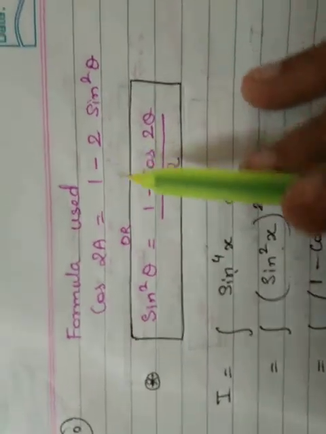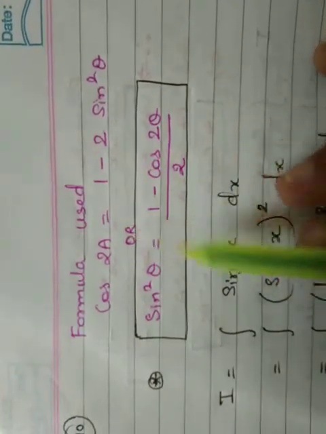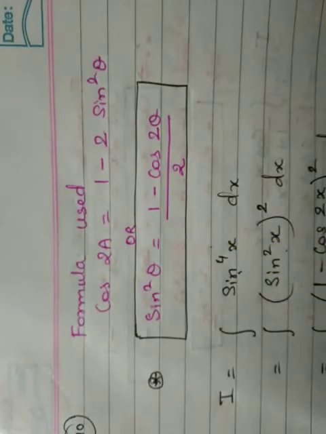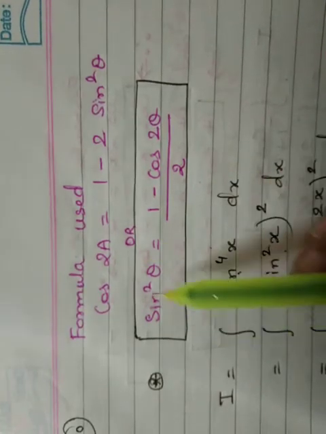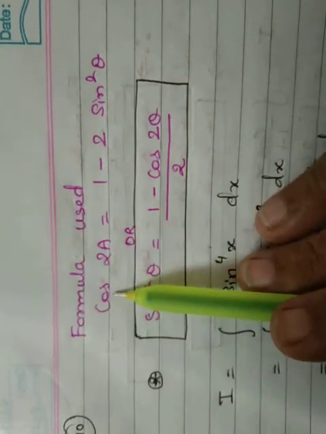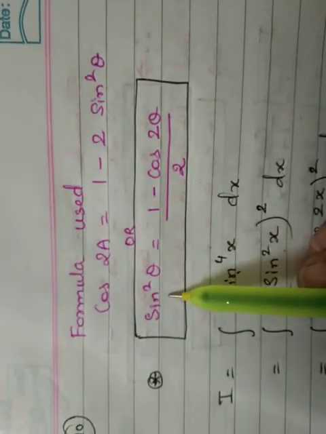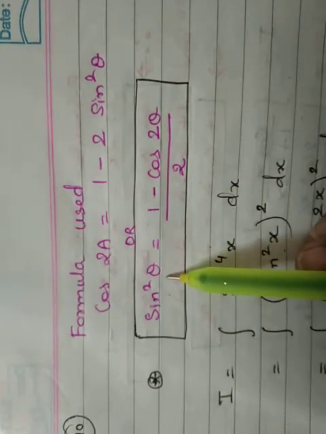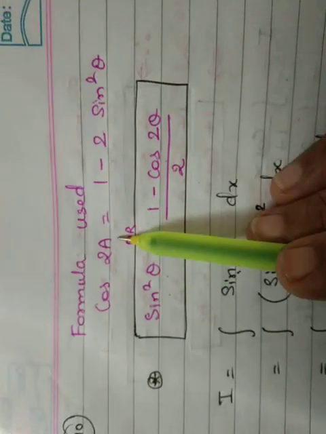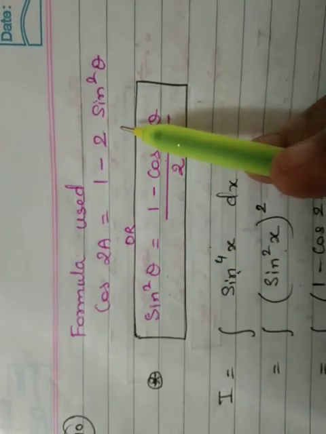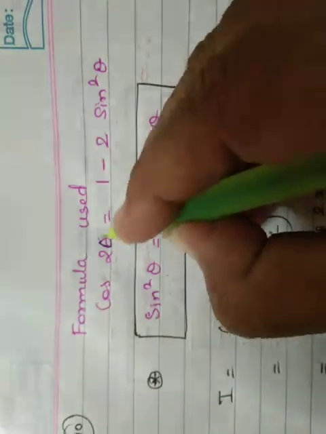Now always in the beginning we discuss the formula. So now in this solving I am going to use two formulas. I am going to use one formula as cos of 2 theta is 1 minus 2 sine squared theta. Whatever I was discussing over here, this should be theta.